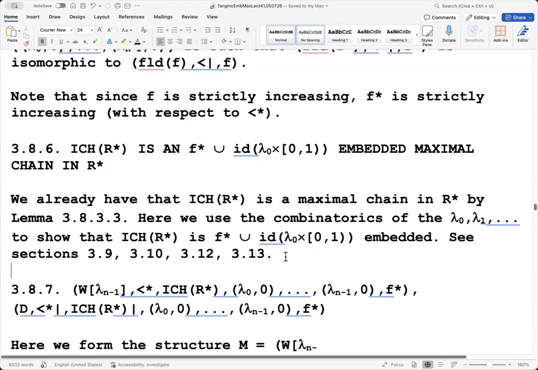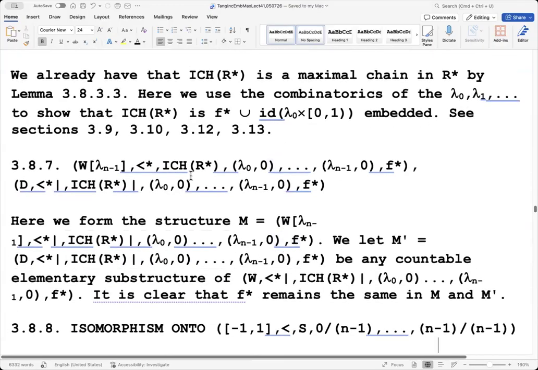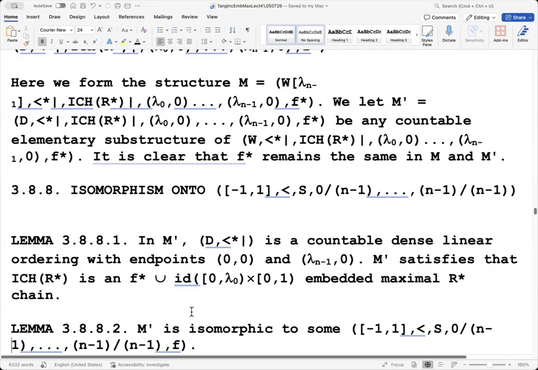And then we form the two structures. We just form these two structures. That's all I'm trying to say. The second one is a countable elementary substructure of the first. And then we have an isomorphism from the countable elementary substructure onto some structure of this form. See, we can map these transfinite objects onto these rationals.